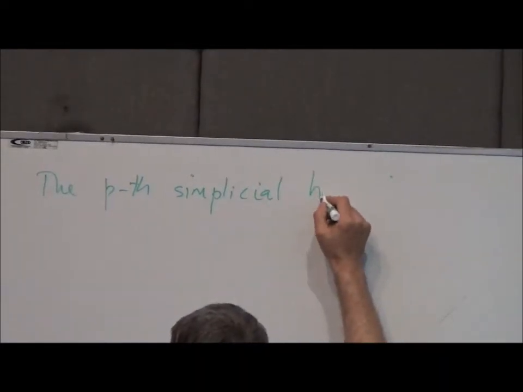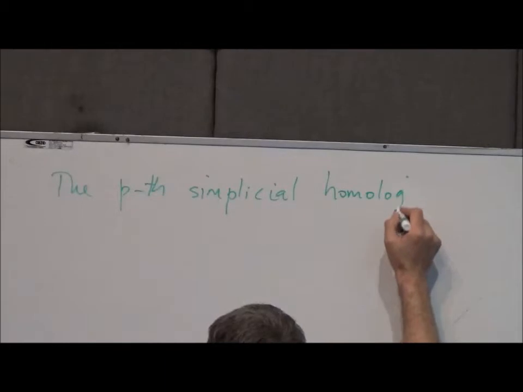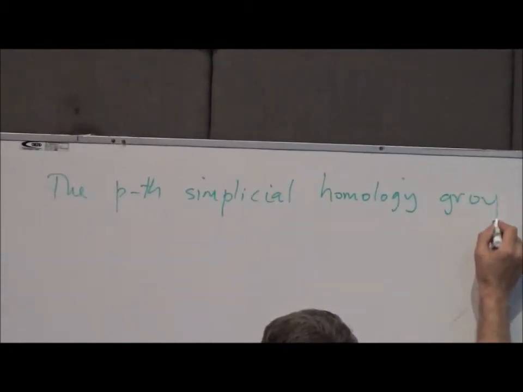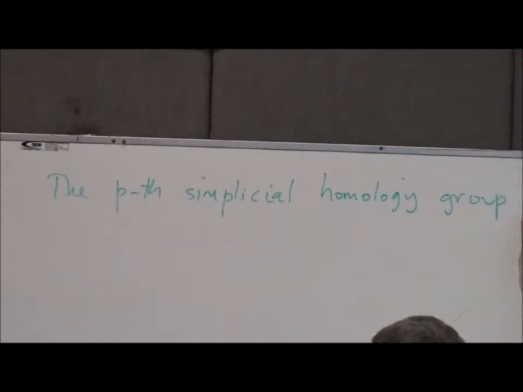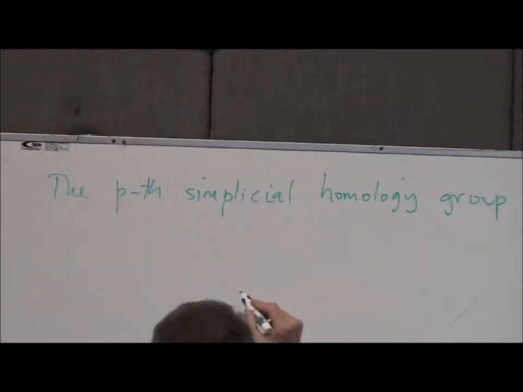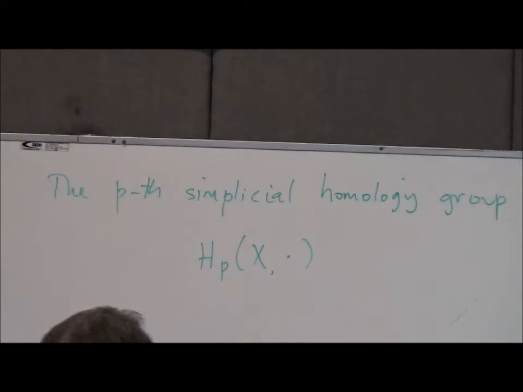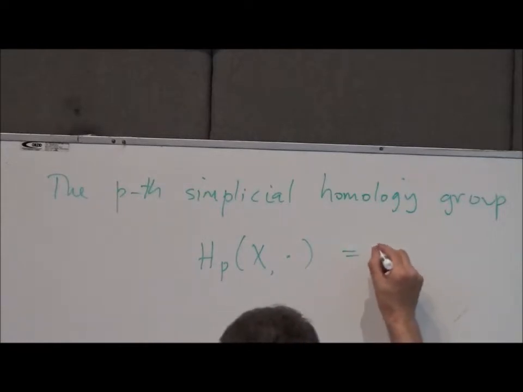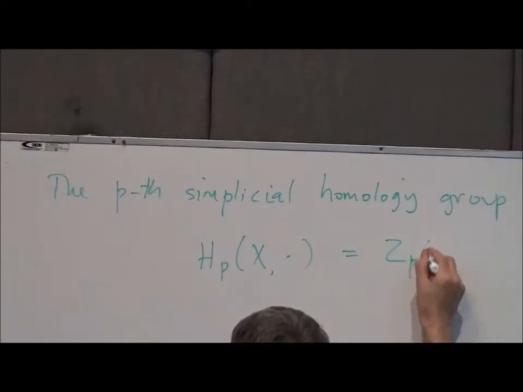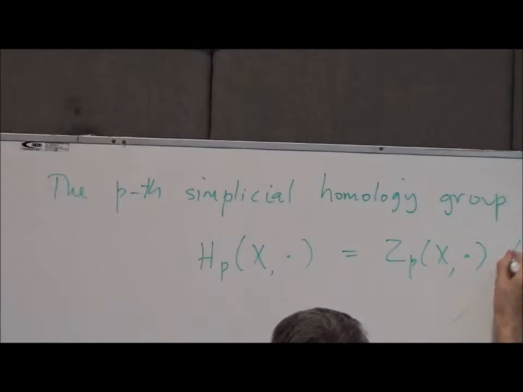The homology group of X is defined as follows: H_P(X), whether we put over R, C, Z2, Z coefficients, is the same as the quotient Z_P over B_P, like that.